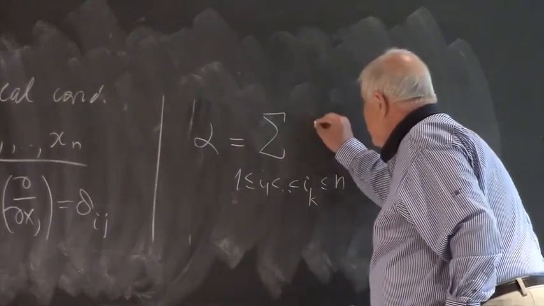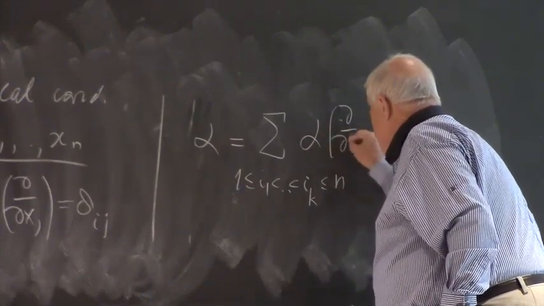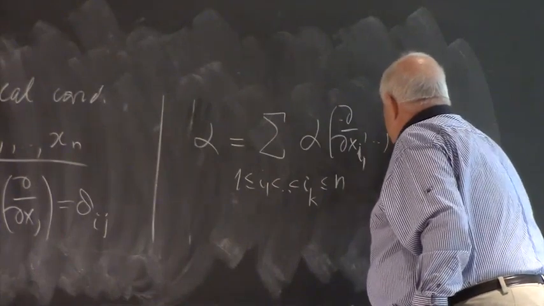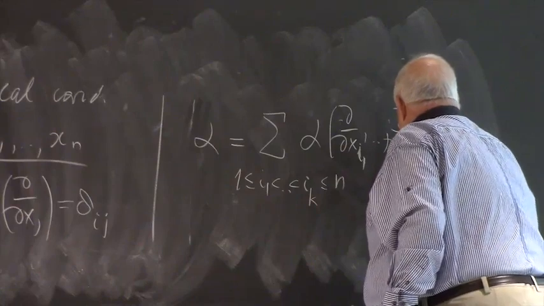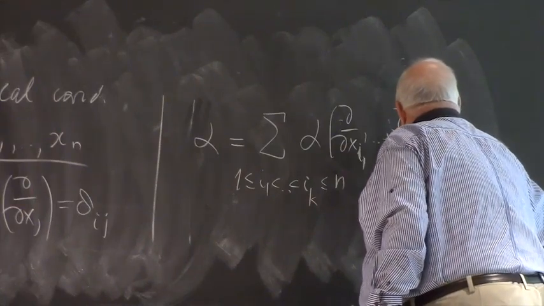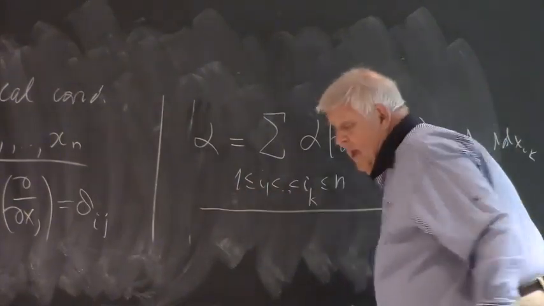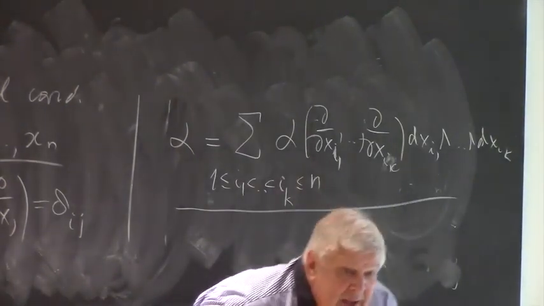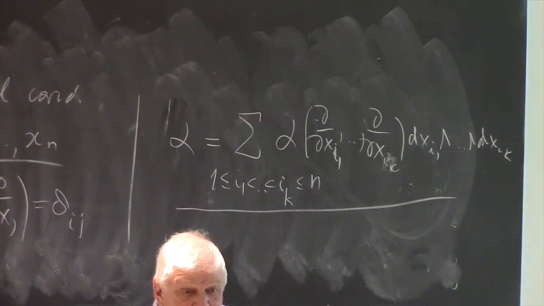Here I write alpha applied to d over dxi1 up to d over dxik, and here I write dxi1 wedge up to dxik. And this is precisely the result which was mentioned in the beginning of my lecture.